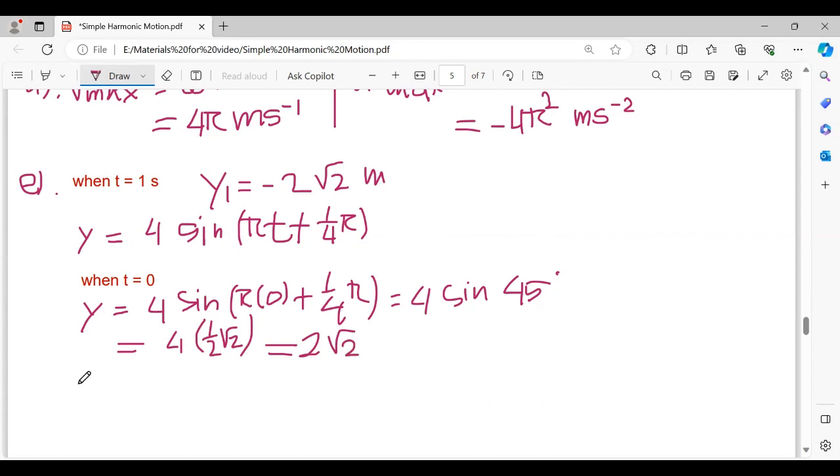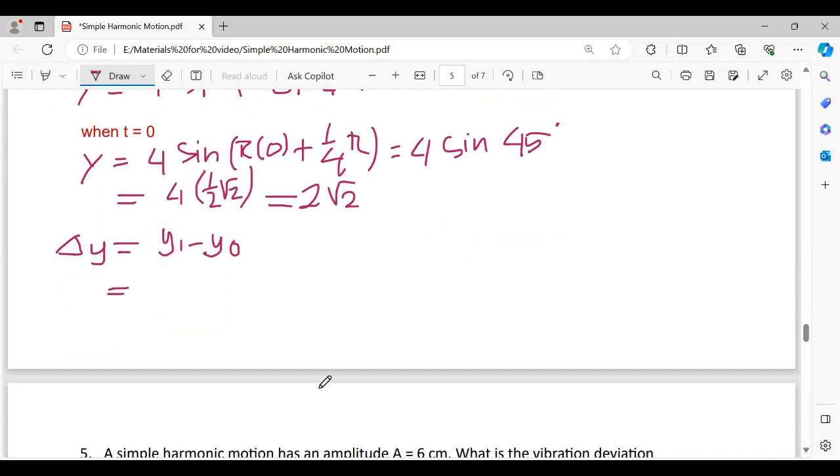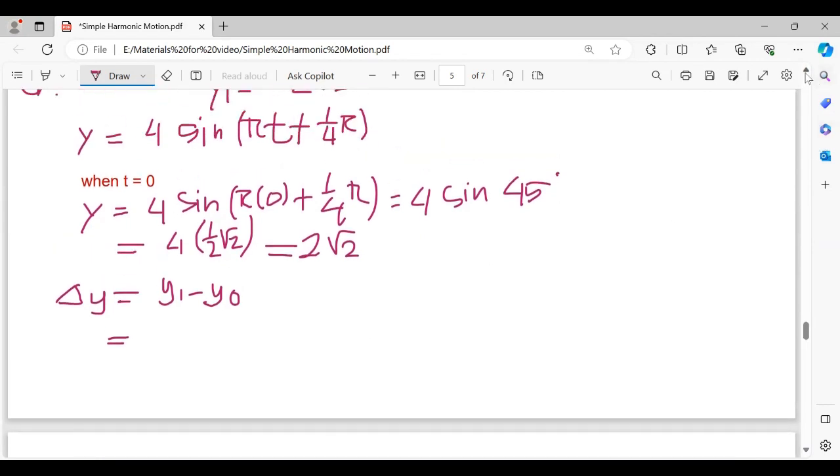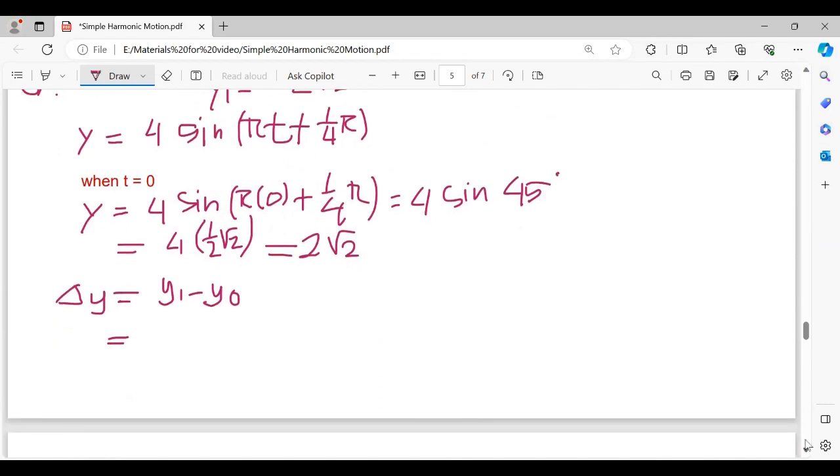So delta y equals y1 minus y0, where y1 is negative 2 square root 2.